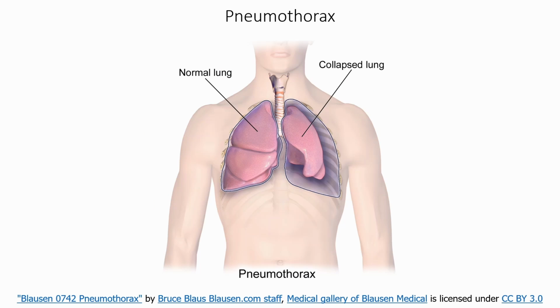Now, on occasion, things can go wrong, especially if there's an injury to the pleura to the point where air is able to get into them. That can cause what's called pneumothorax or tension pneumothorax. Basically, the pressure inside that cavity has increased to the point where the lung cannot expand properly and is collapsed in on itself.